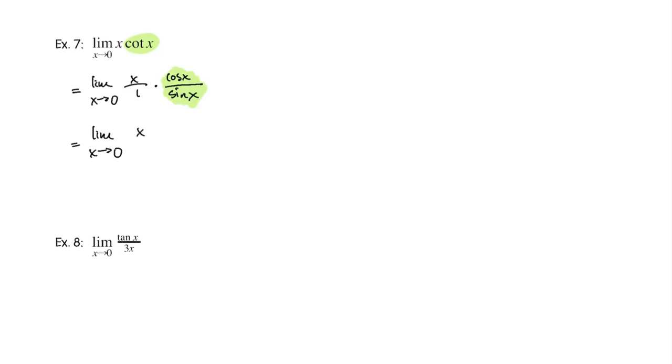Exactly. So we could say x over sine x, and then that would leave us with cosine x over 1.